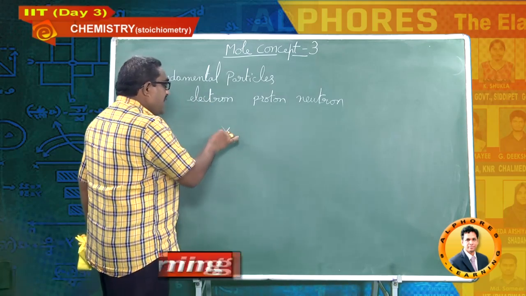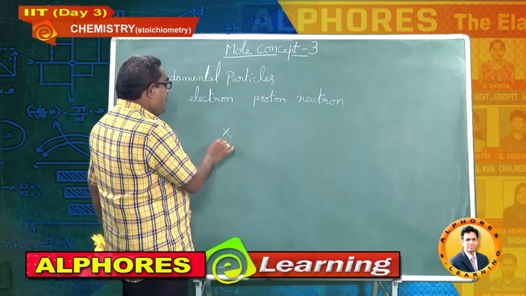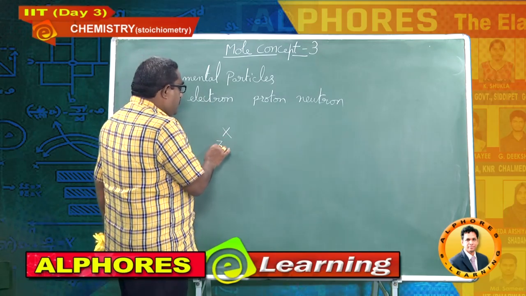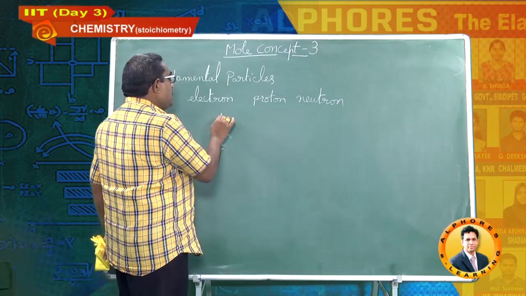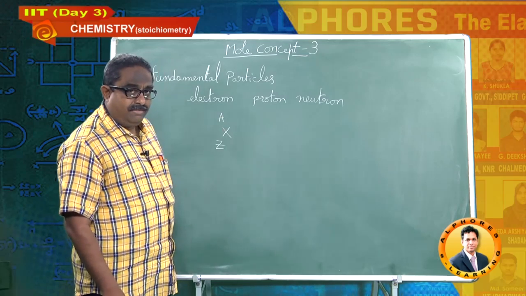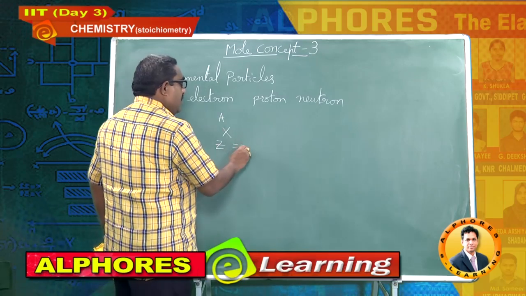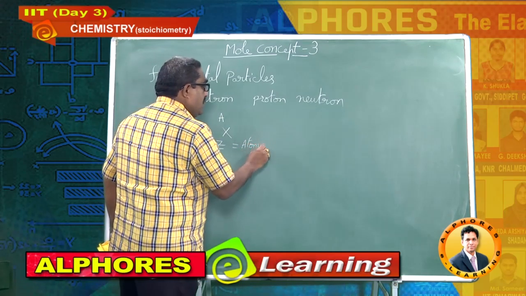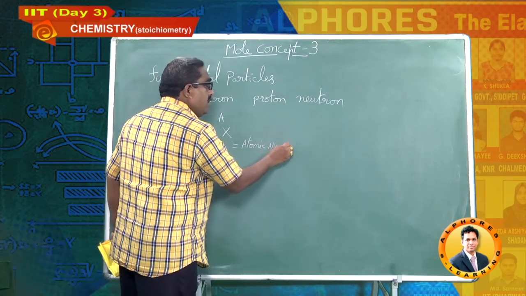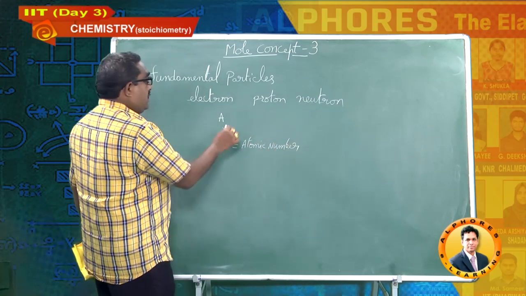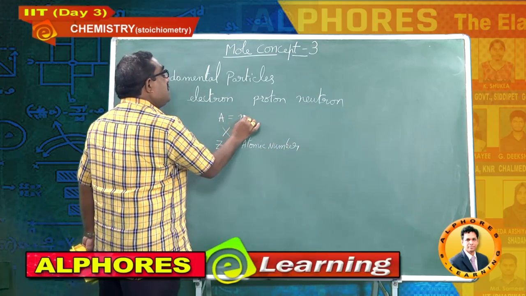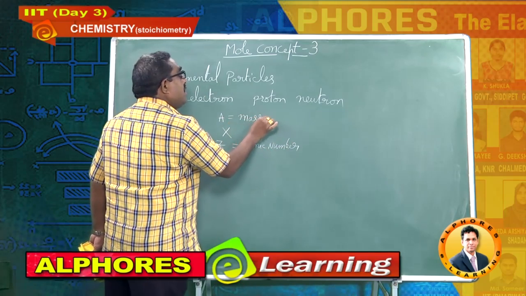Okay, right. Then, first of all, one should know how to represent an element. If the element is X, it is represented with one subscript and one superscript on the left side, where Z, the subscript, represents the atomic number. Note down students, atomic number, and the superscript represents mass number.